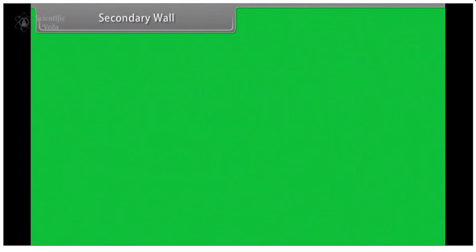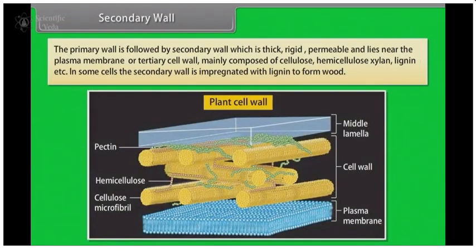Secondary wall. The primary wall is followed by the secondary wall, which is thick, rigid, permeable and lies near the plasma membrane, mainly composed of cellulose, hemicellulose, xylan, lignin, etc. In some cells, the secondary wall is impregnated with lignin to form wood.